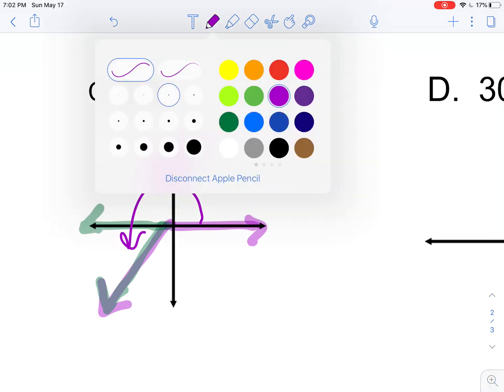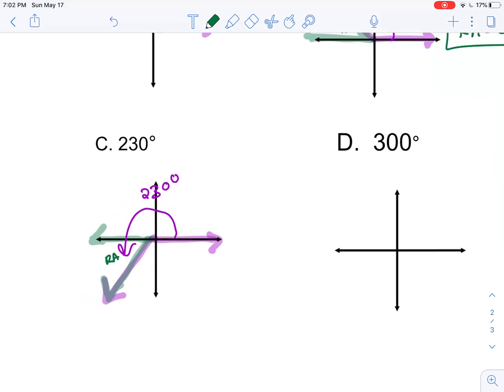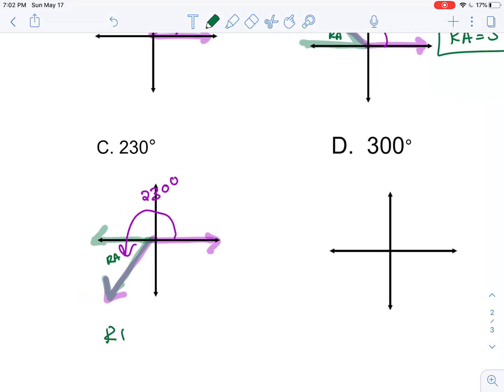So this is my reference angle here. So when I'm in the third quadrant, my reference angle is always equal to my theta minus 180, or 230 minus 180. So that'll give me 50 degrees.